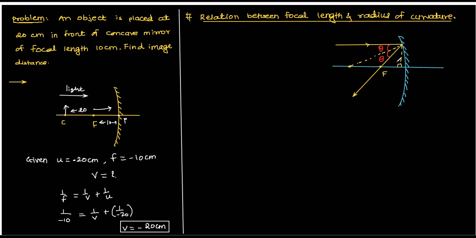Now this angle is 2 theta. Why? Because if this is theta, this is also theta, since it is a parallel line bisecting equally. Then this angle is 2 theta. Why? The sum of interior angles is equal to the exterior angle. You know this in mathematics.